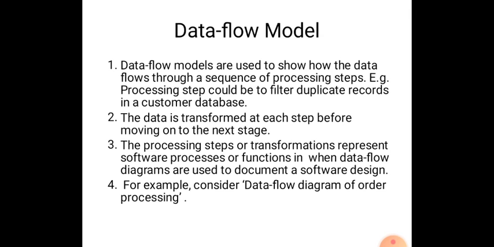Point number 3. The processing steps or transformations represent software processes or functions. When data flow diagrams are used to document a software design, each processing step or transformation represents one of the software processes or functions.